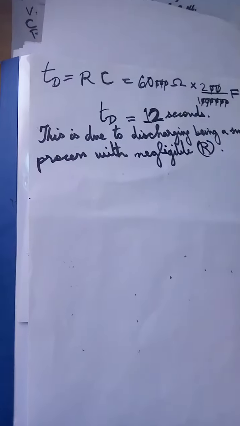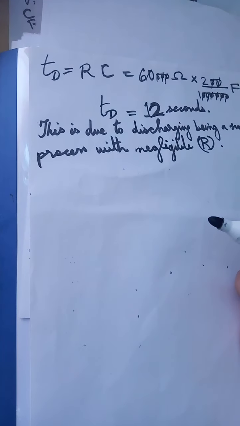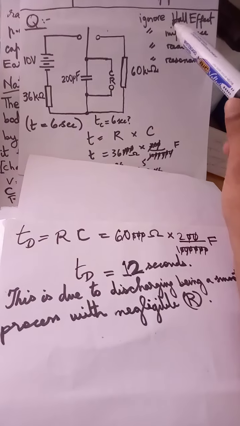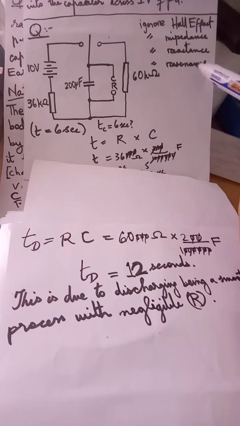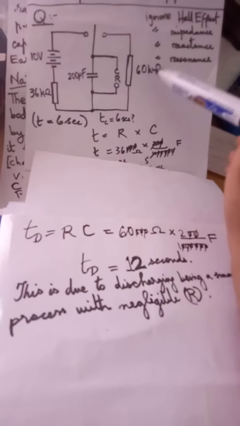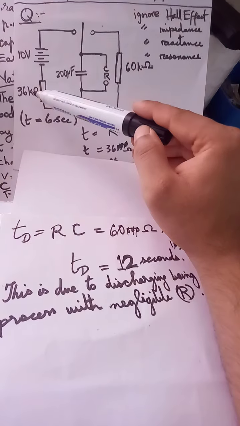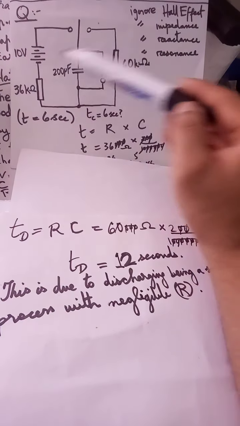And then I want you to look at the question and see that you were intimidated by the complexity of the question, thinking about Hall effect, impedance, reactance, resonance. You don't have to. Just focus on this for discharging and that for charging.